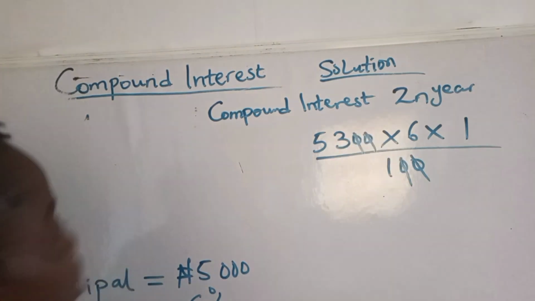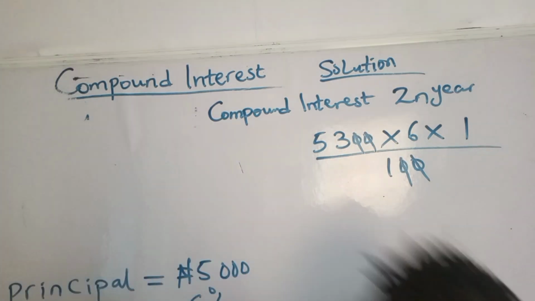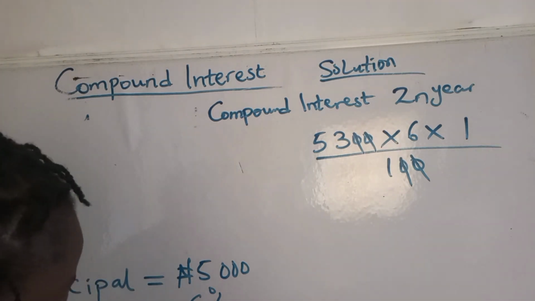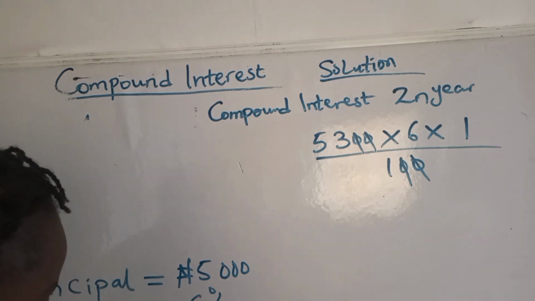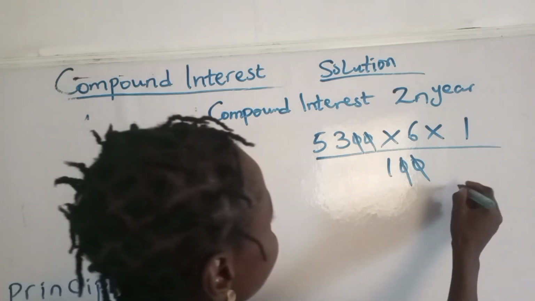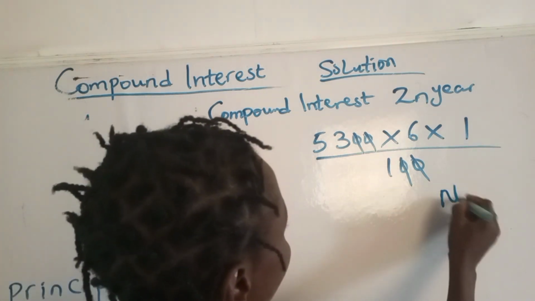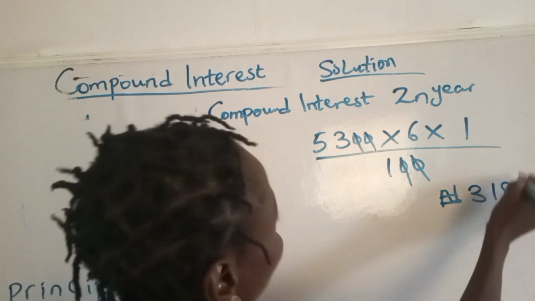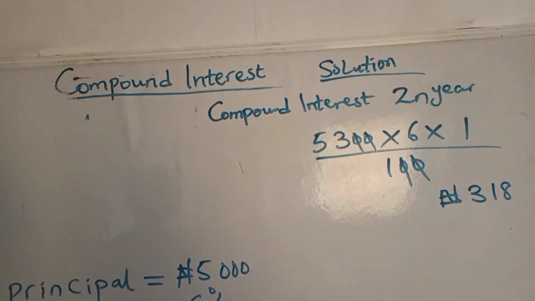0 cancel 0. We use our calculator. 53 times 6 times 1. So we have 318. The second year, the interest that climbed the money is 318 naira.